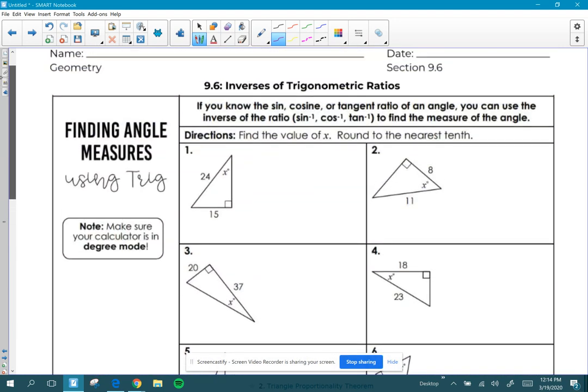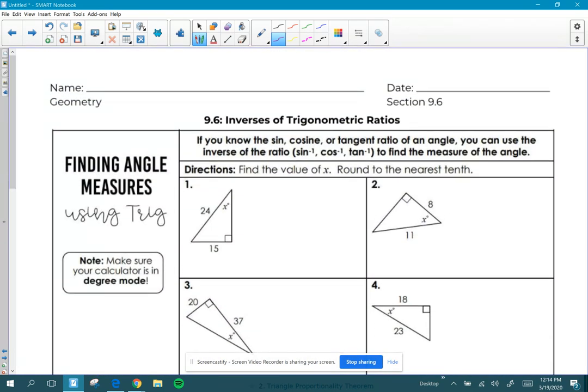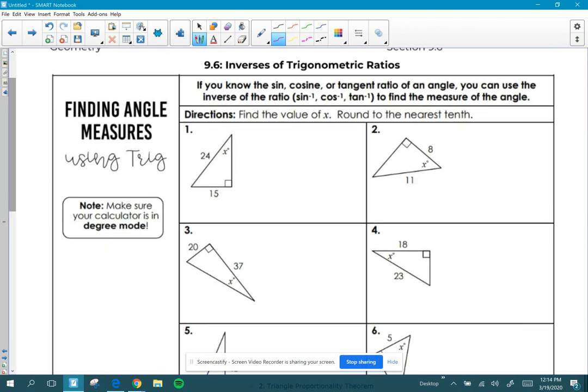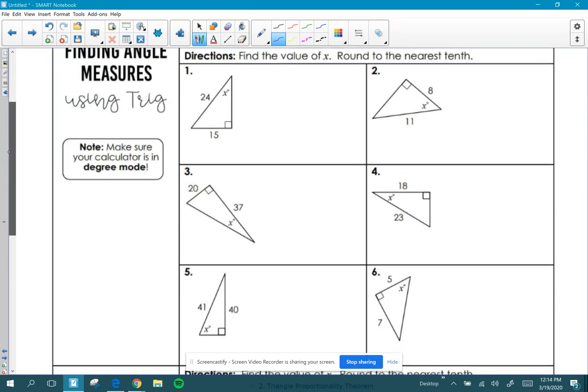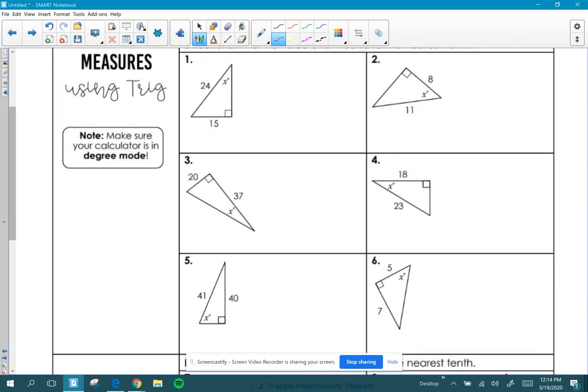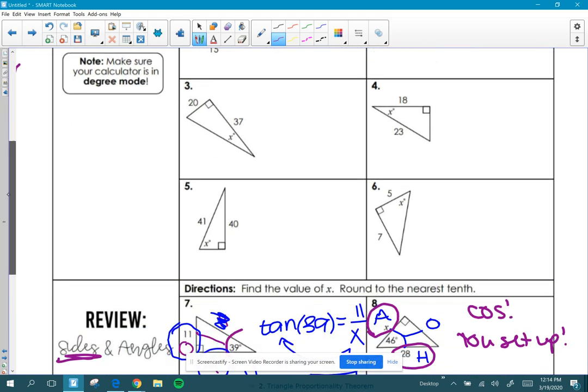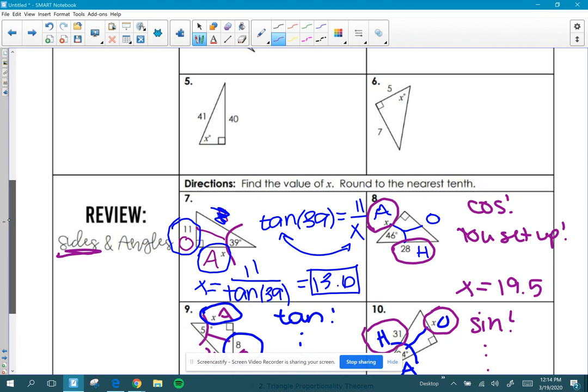Then if we come back up to today's lesson, this is a little bit different. So now if you just look at the examples that are given, instead of having the angle measures, we're looking for the angle measures, right? So if you look at the bottom examples, x was a side length. We were looking for that side.